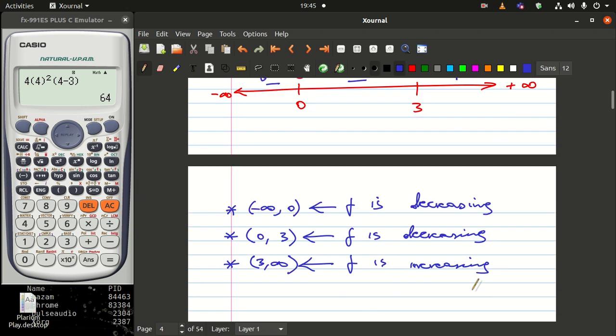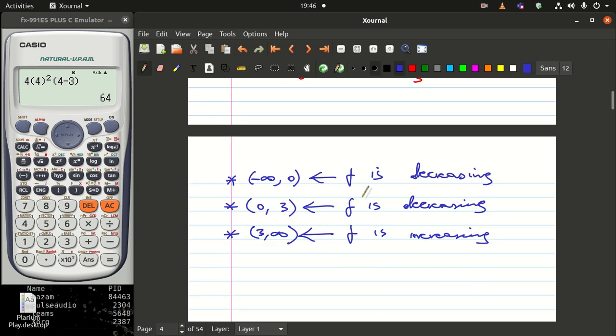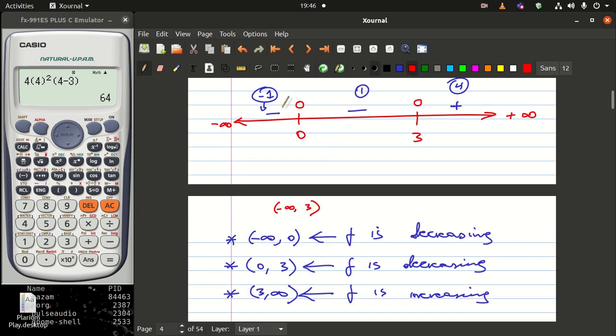I want to explain something here because someone might be tempted to say, let me make it red, from negative infinity up to 3, because they want to say that this function is decreasing from negative infinity until you arrive here. What about that point? Because there is something happening at that point. The function is not increasing and it is also not decreasing.